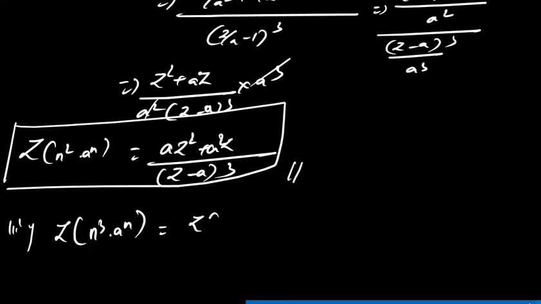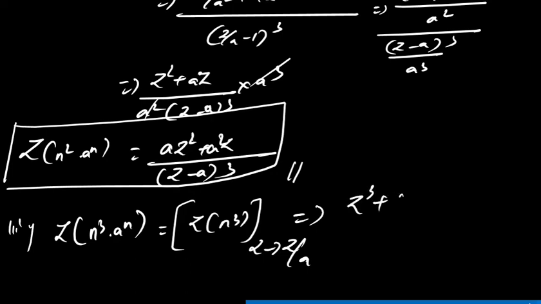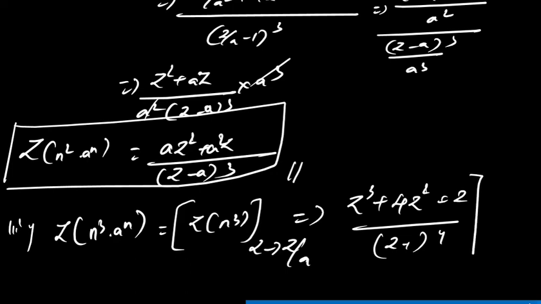First, you should know what is Z transform of n cube. Whatever the answer you get, you are supposed to replace Z by Z by A. So Z transform of n cube, if you want you can calculate, put k equal to 3. So we get Z cube plus 4Z square plus Z by Z minus 1 the whole power 4.